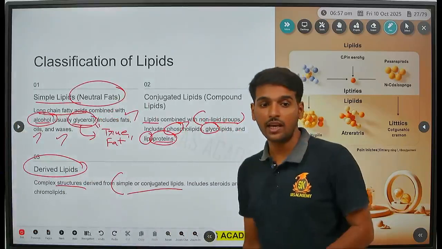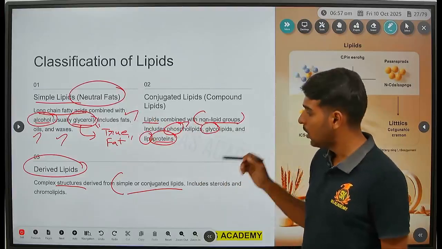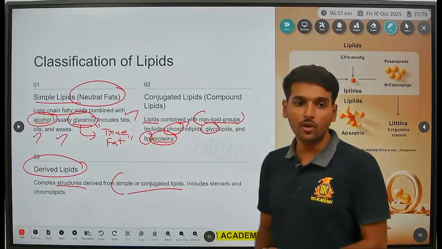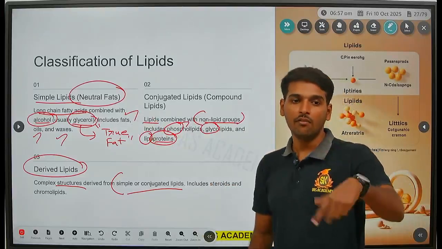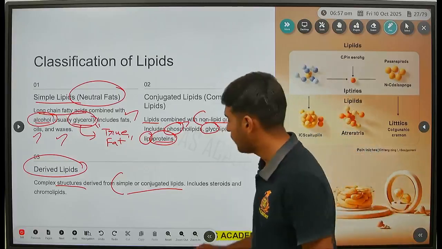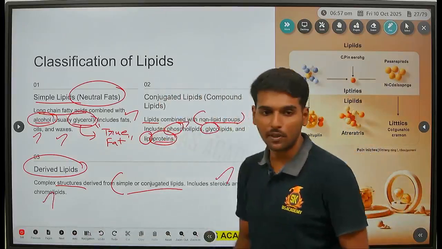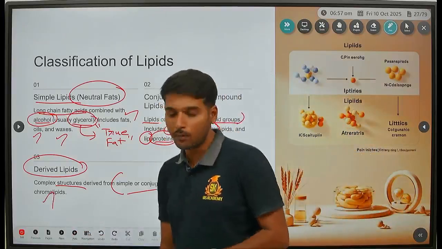So they are derivatives of either simple or conjugated lipids. One more point to note here is they do not have a specific structure, which I will be telling you later in the session. So they include steroids and chromolipids. Chromolipids are also known as terpenes.